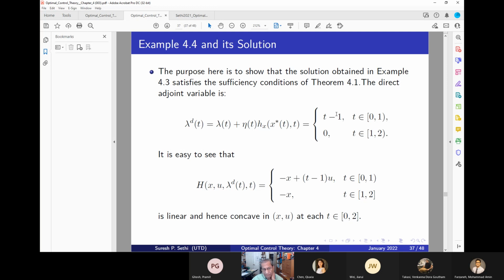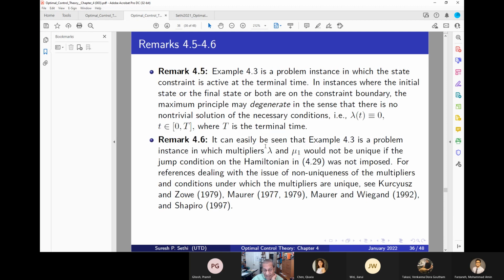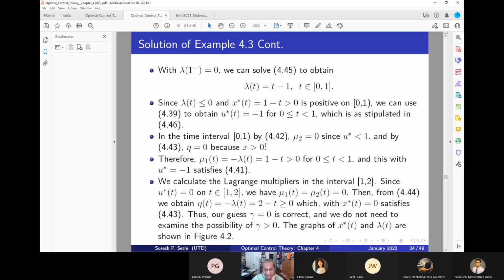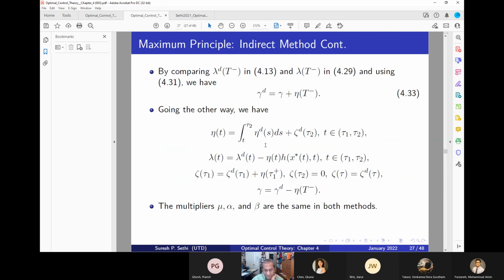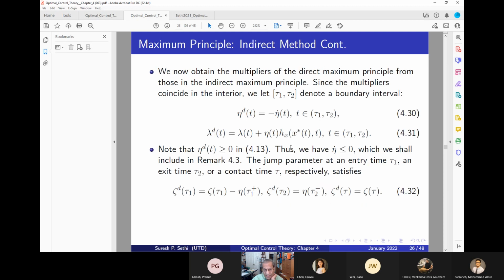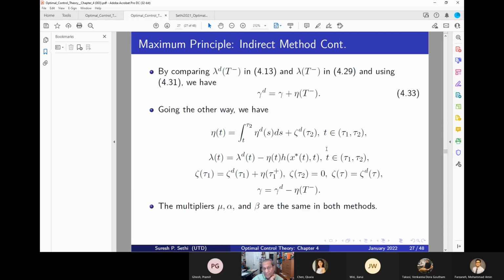And here, to satisfy the sufficiency condition, notice I have the lambda and eta, and from lambda and eta, I can use this condition to find lambda d and eta d, etc. Okay, so that's what I'm going to do.